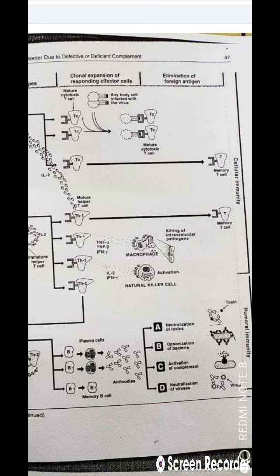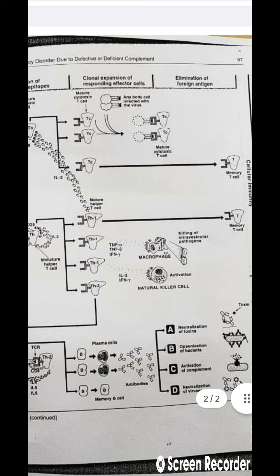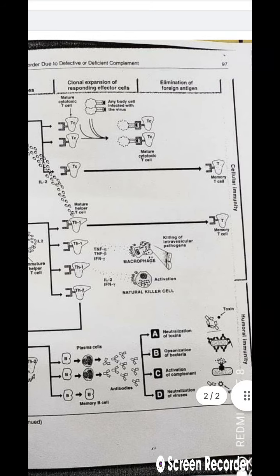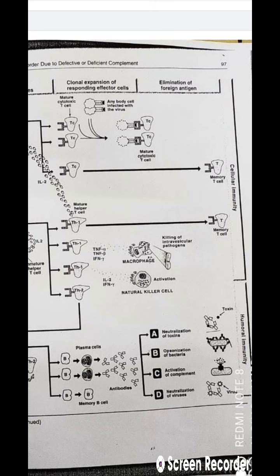It stores a memory of this pathogen. Subsequently, if there is an infection by the same bacteria, what happens? The action becomes very quick. That is called the secondary immune response.